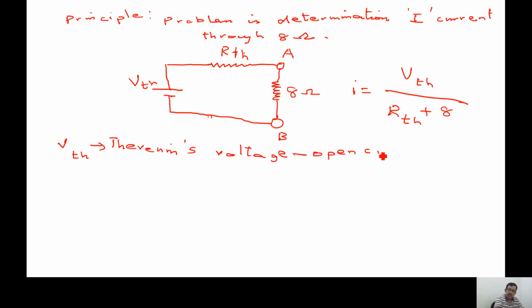It is the open circuit voltage across AB because I have removed the load. Now RTH is the Thevenin's equivalent resistance.